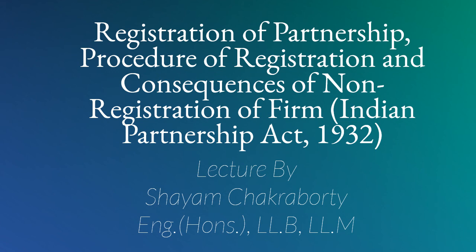Suppose F, one of the partners, is not registered, but the other partners are registered partners. It will amount to more or less non-registration of the partnership firm, and to take civil actions by the partnership firm will become legally invalid, as one of the partners did not register. Okay.